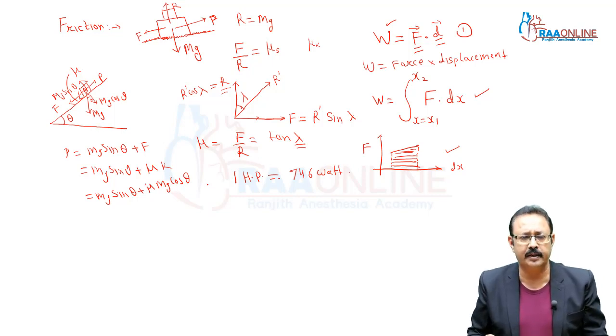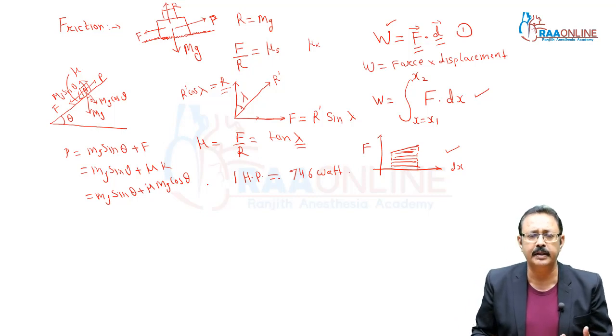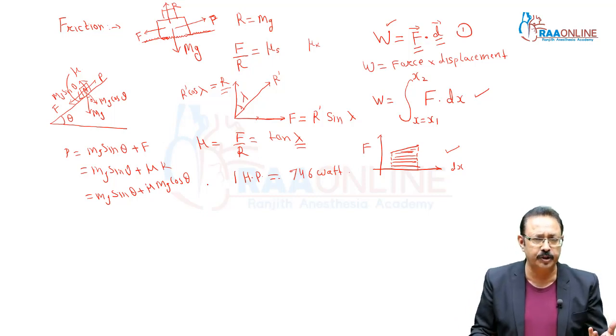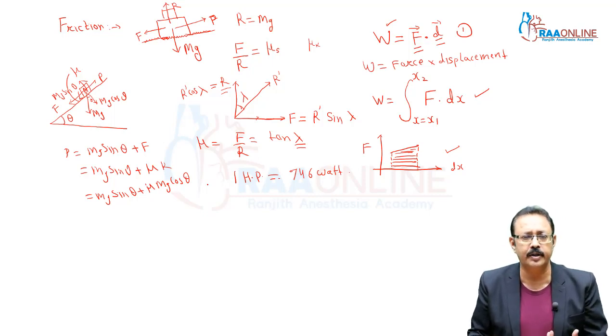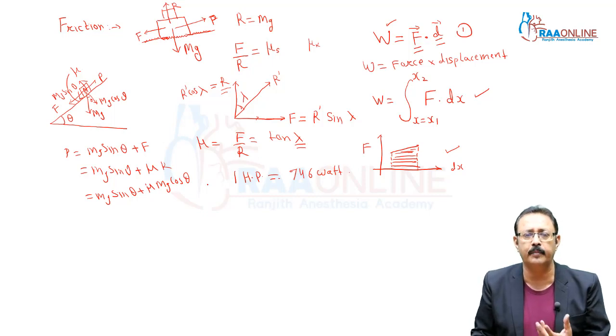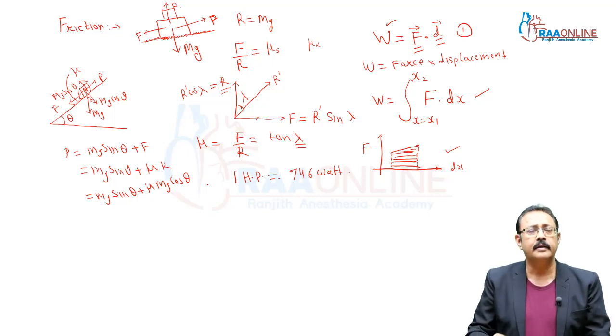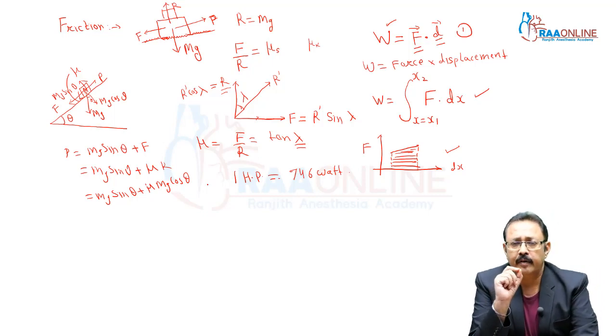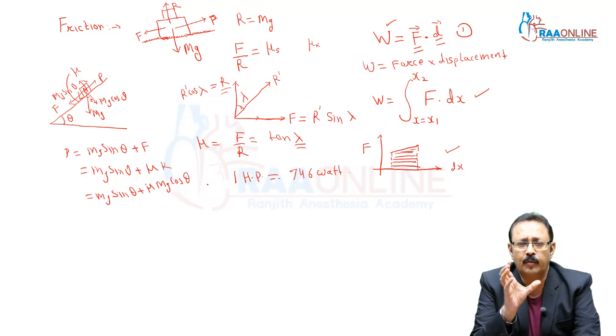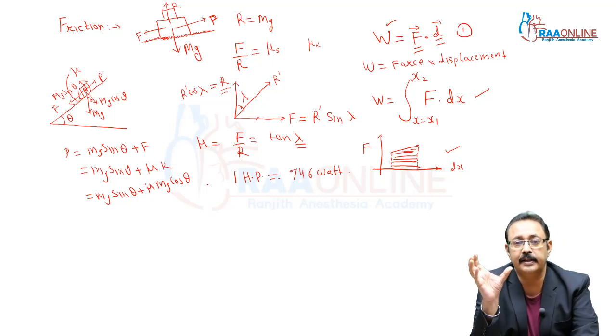So in this chapter we are using mechanical energy, meaning potential energy due to position or kinetic energy due to motion. Potential energy's formula is mgh and kinetic energy is half mv squared. The important thing is that many times calculation of work is not easy, but calculation of energy is easy.